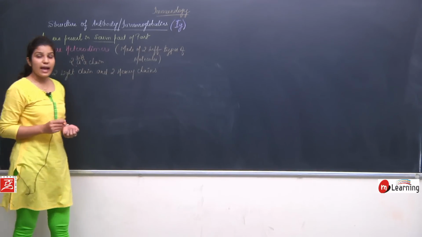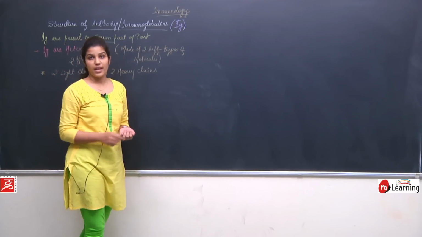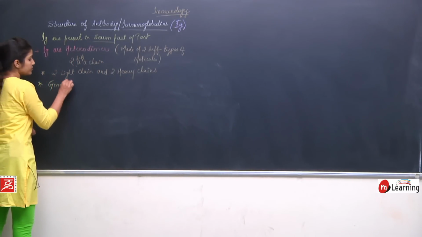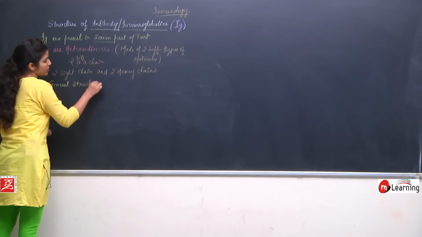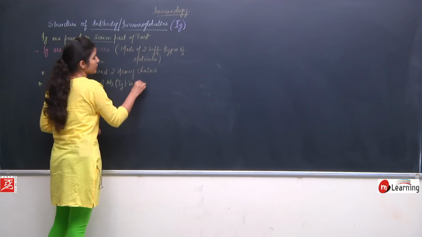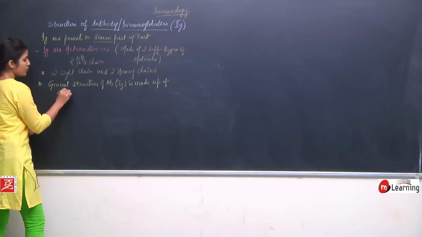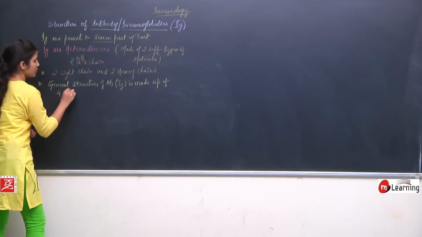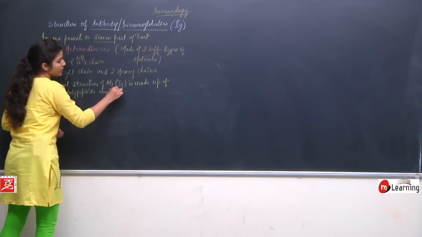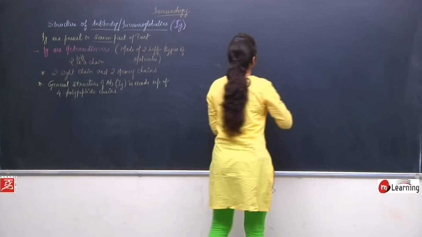That's why we said that the general structure of an antibody or immunoglobulin is made up of 4 polypeptide chains. Okay, now let us draw that structure.